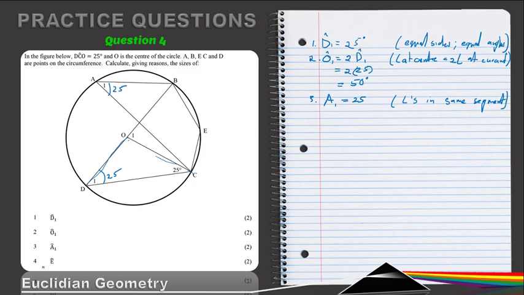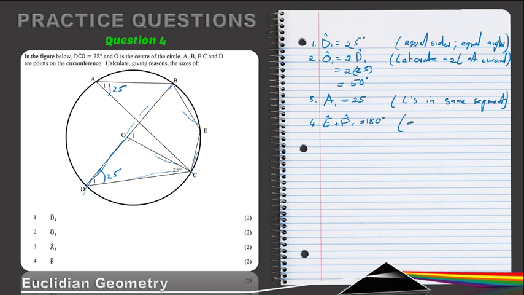And then for number 4, we need to find E. So we know that this is a cyclic quad, and therefore opposite angles of a cyclic quad are supplementary. So we know that angle E plus D1 is equal to 180 degrees.